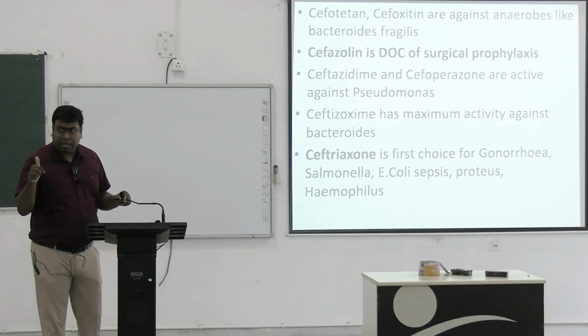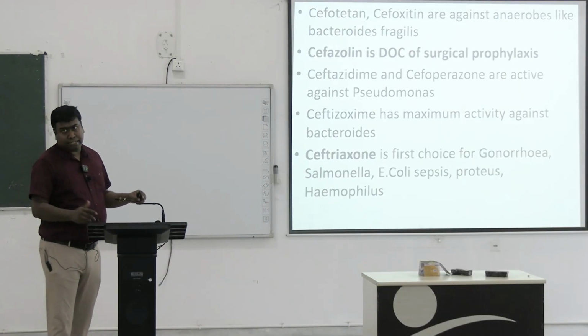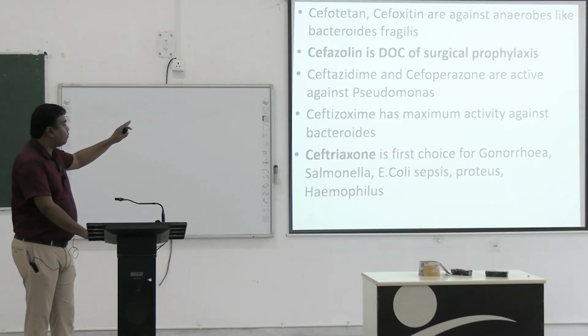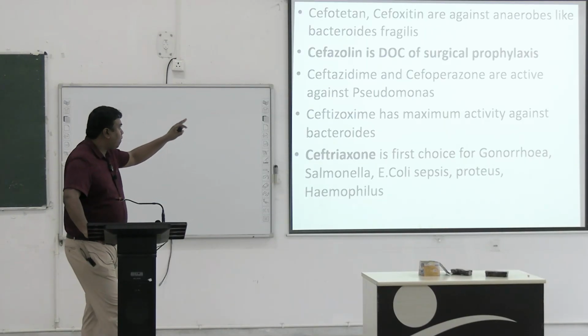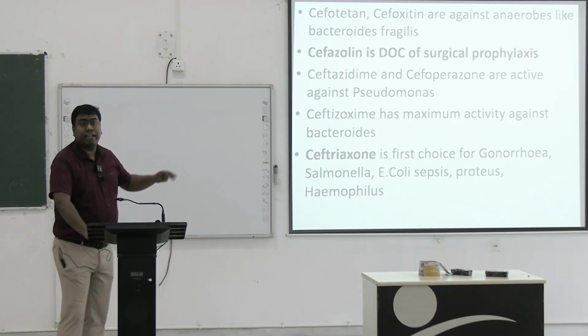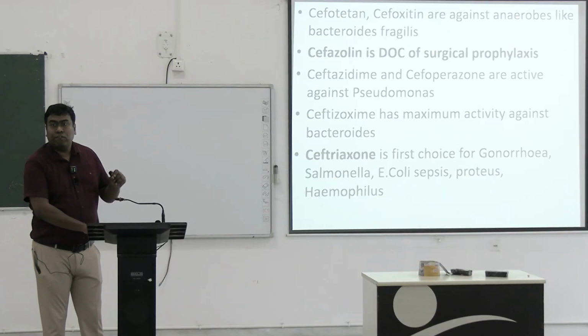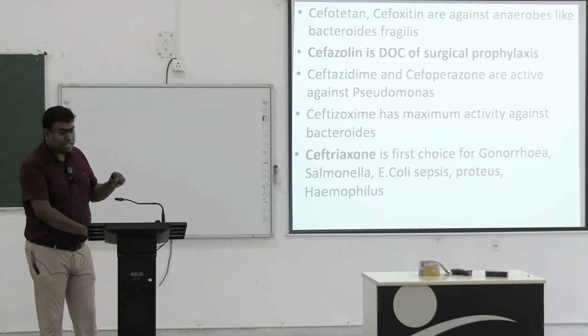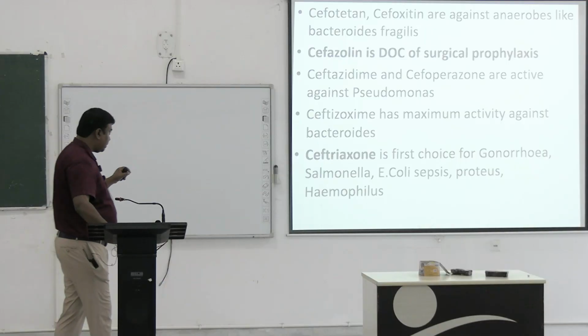CSF penetration মানে meningitis, বাইল সিক্রেশন মানে রেনাল ফেলিউরে তুমি ইউজ করতে পারবে, ঠিক আছে? আর প্রেগন্যান্সিতে সেফ। Drug of choice of surgical prophylaxis is cefazolin, which is a first generation cephalosporin.